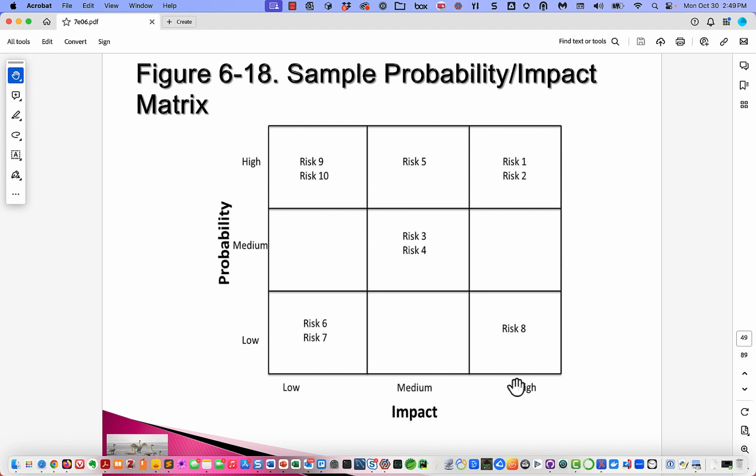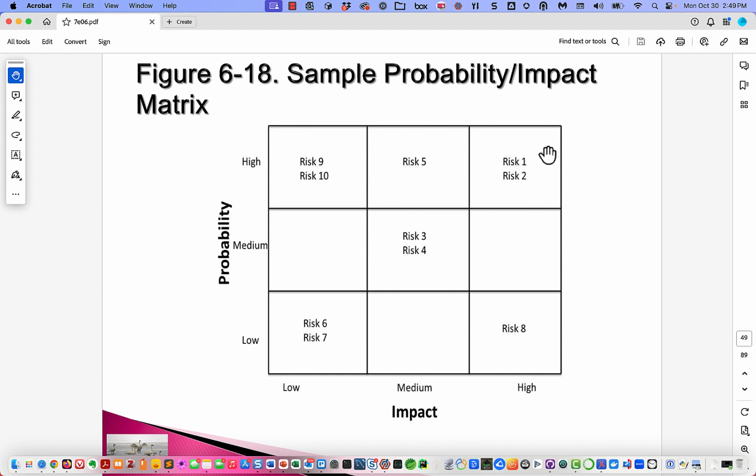Thinking on this, if you have a high impact risk that has a high probability of occurring, you're going to want to put a lot of your energy into this. And this is probably why these are risks 1 and 2. They probably have come to the top of the risk register.